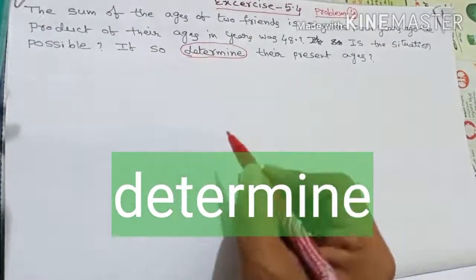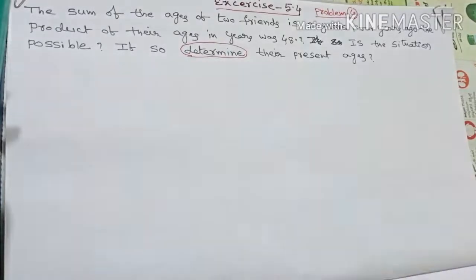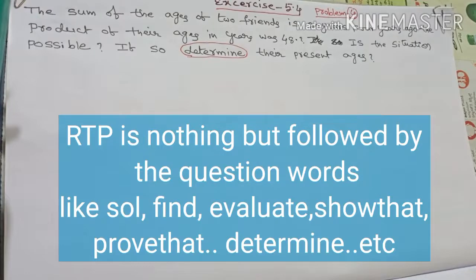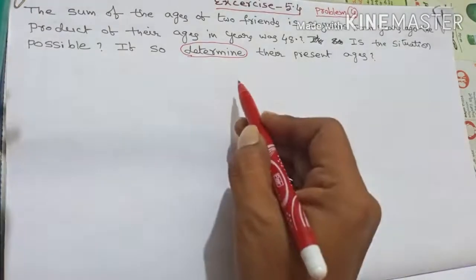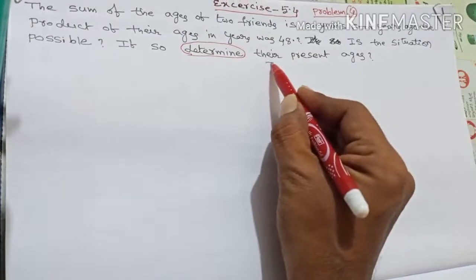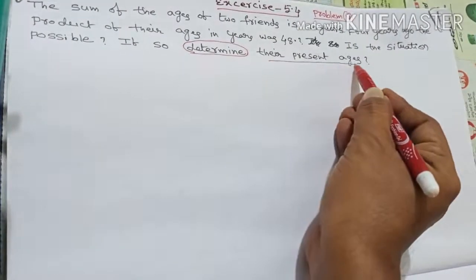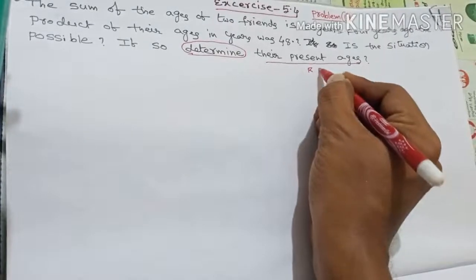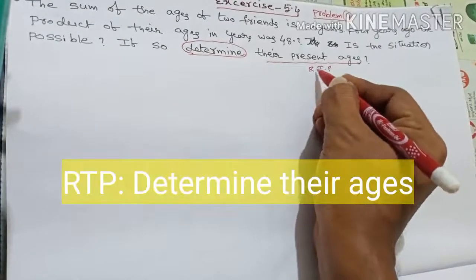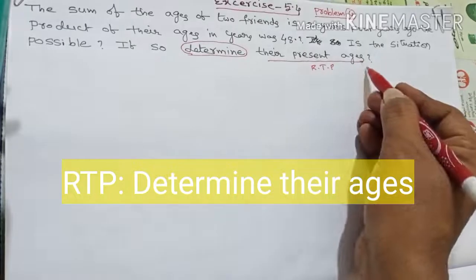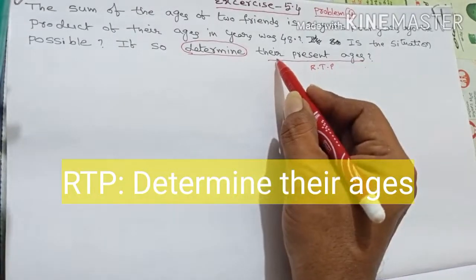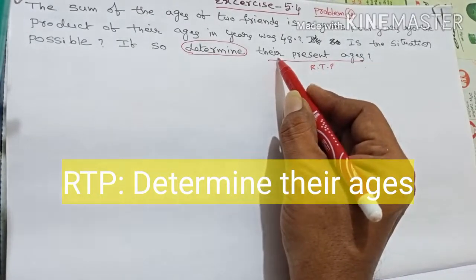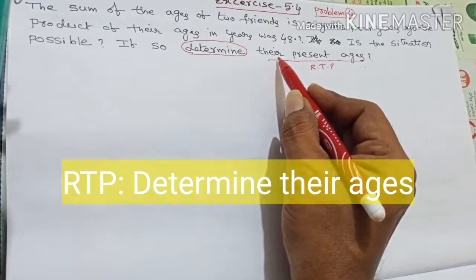So I have already explained what RTP is. RTP is nothing but the phrase which is followed by the question word. Followed by the question word determine is the phrase their present ages. So it is nothing but our RTP. So what is our RTP according to the problem? Their present ages. Their means it is a plural form. That means we have more than one.